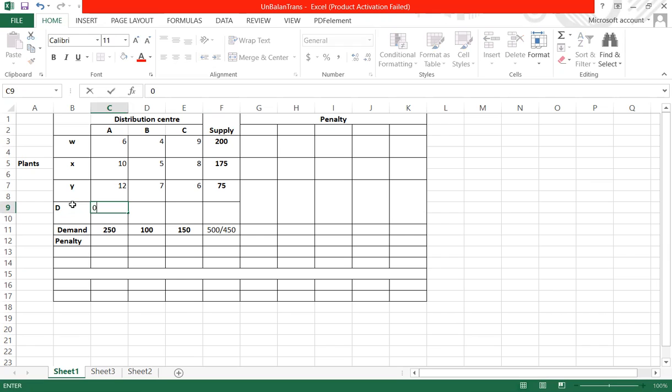The transportation cost of this dummy plant will be taken as 0. And the supply of this dummy plant will be the difference of total supply and total demand, which is 50. Now the demand and supply are equal.